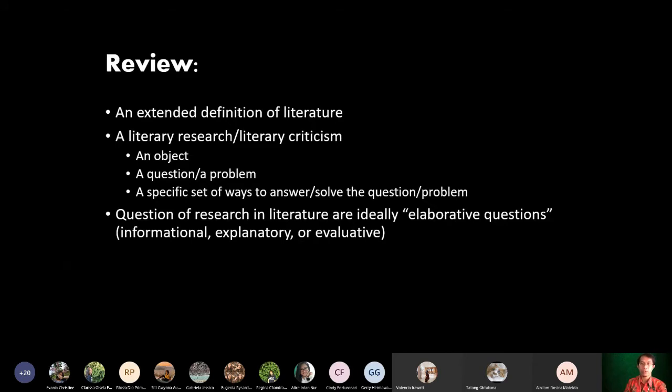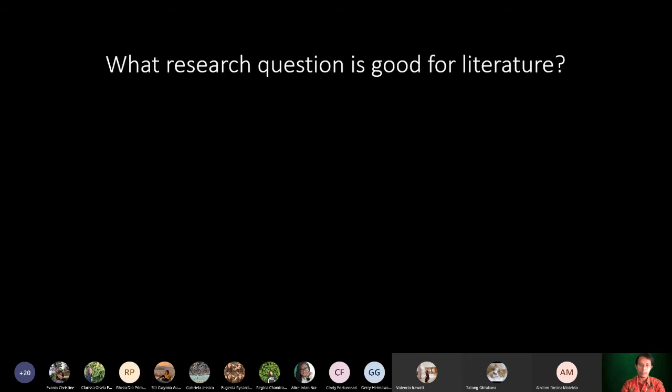Information from the text alone only gives you indications of answers, but it cannot provide you with actual or conclusive answers. If you want a sufficient, adequate answer, you need to involve a lot of information from outside. And yeah, what research question is good for literature, I just mentioned to you.